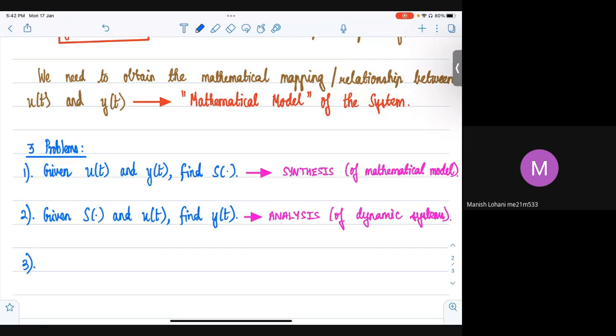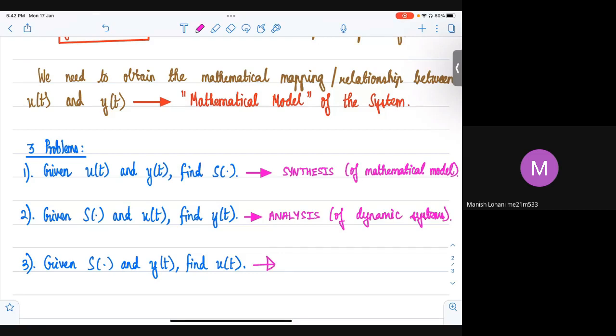That is the third problem: given the mapping S and y of t, the output, find u of t.